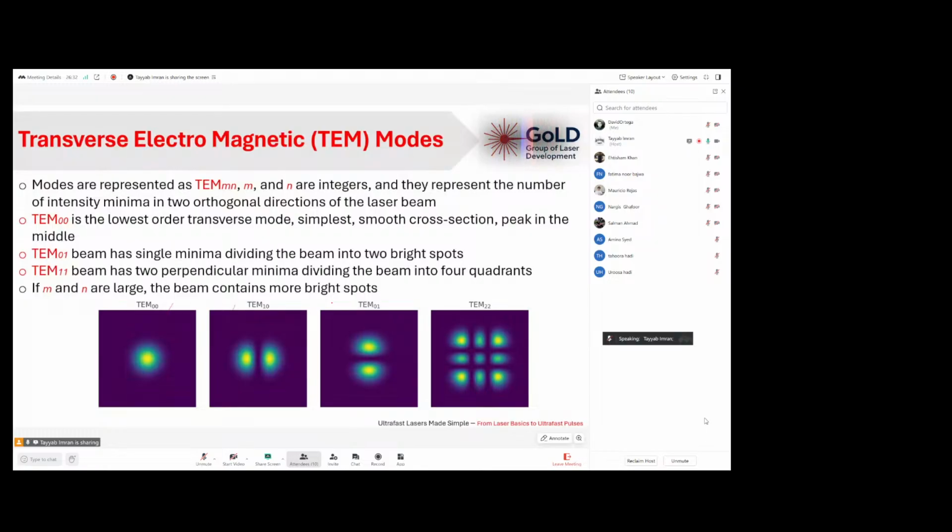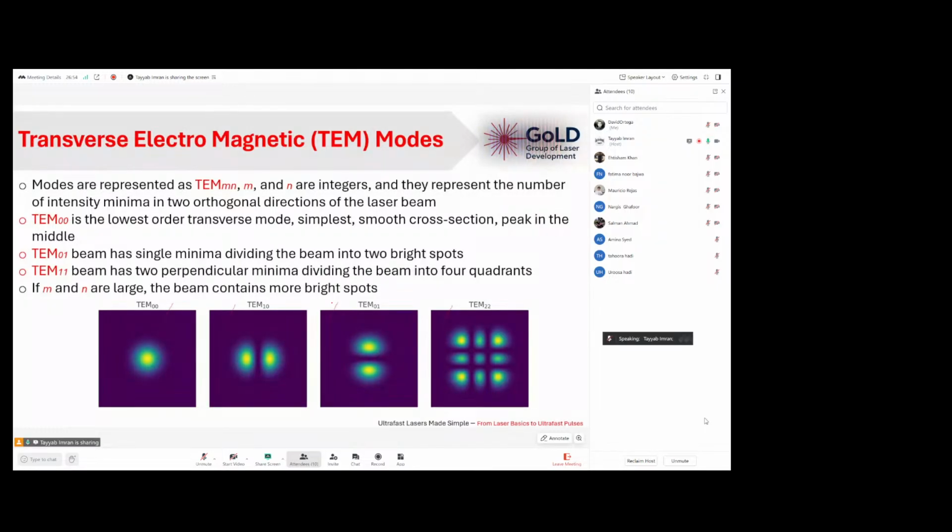If you expand the laser beam using a convex lens or negative lens and look on the screen, you can see these patches if these modes exist in the cavity.